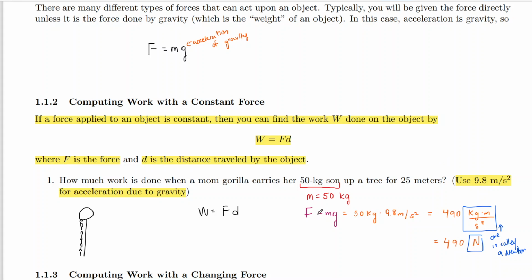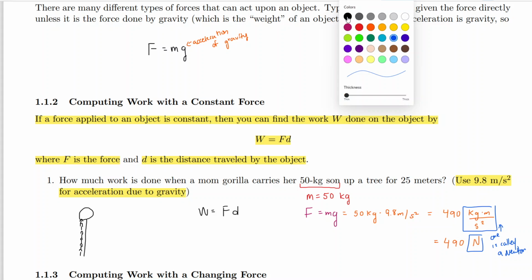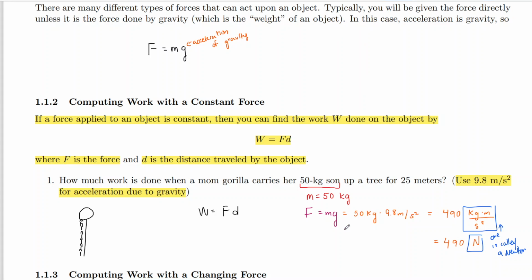Now, if you use different units to represent the mass, so 50 pounds, maybe American units, then you probably use different units for gravity as well. It wouldn't be 9.8, it'll be another number with different units here. You'll have a different kind of unit for force. But for force, we like to just use the standard one, so we're just going to use newtons, unless otherwise told. And the nice thing is that this is your F, 490 numerically, and that's what we need to plug in.